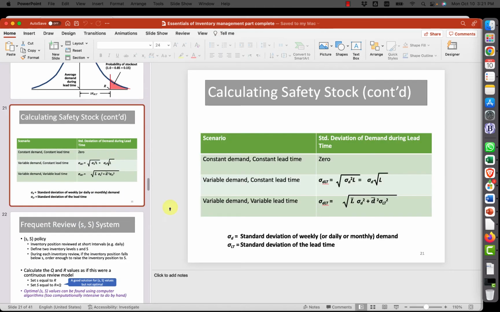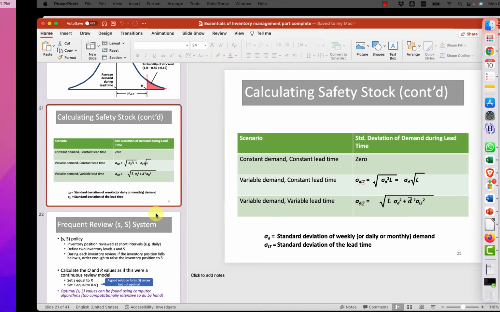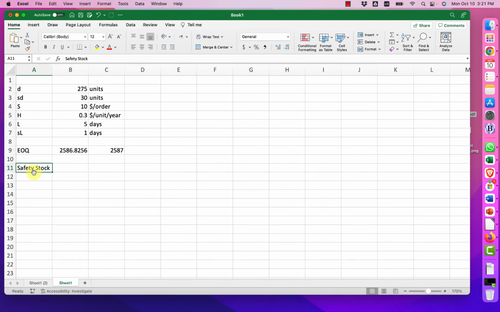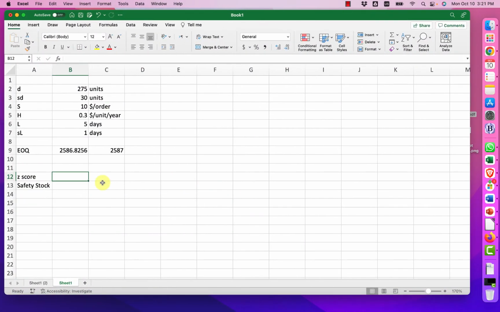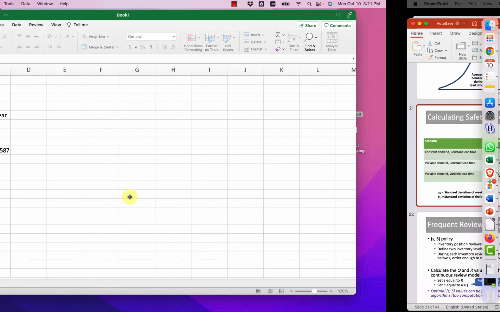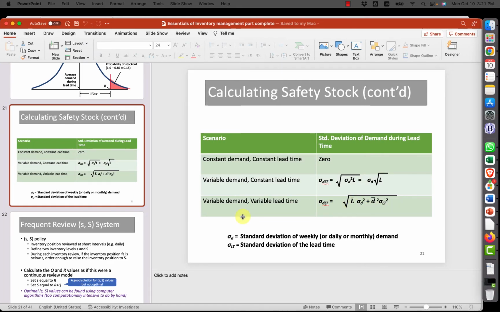Okay, so let's do this. We need the z-score. So let's move it down a little bit. Our z-score is going to be based on the cycle service level, which is 99%. So we just do NORM.S.INV of 0.99. This is my z-score. So I'm going to take this times the square root of this big thing, to get my safety stock.